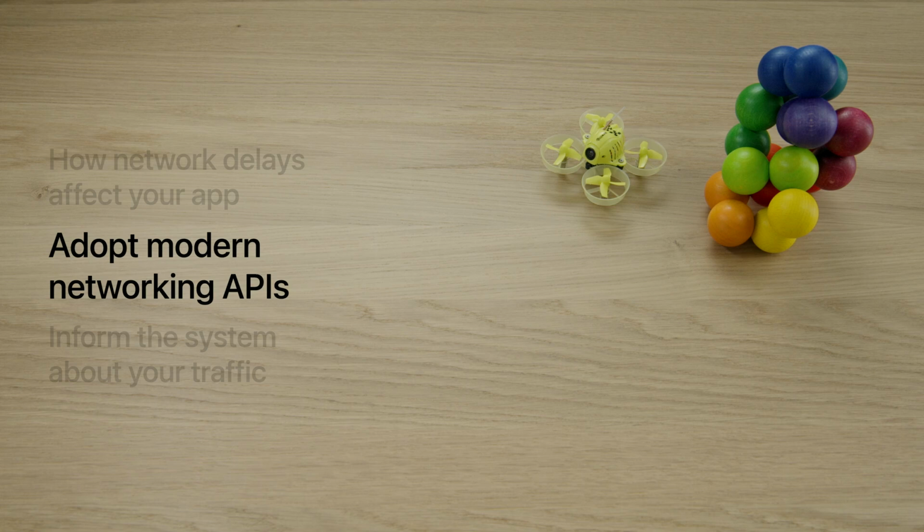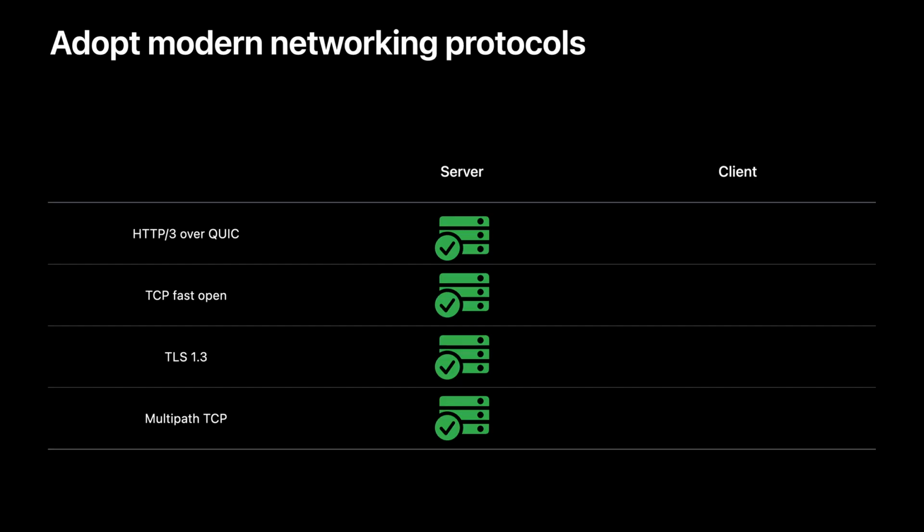To speed up your apps, adopt the modern networking protocols such as HTTP3 and QUIC, TCP Fast Open, TLS 1.3, and multipath TCP. With these techniques, your app can potentially achieve multiple round-trip reductions in delivering data to your user.